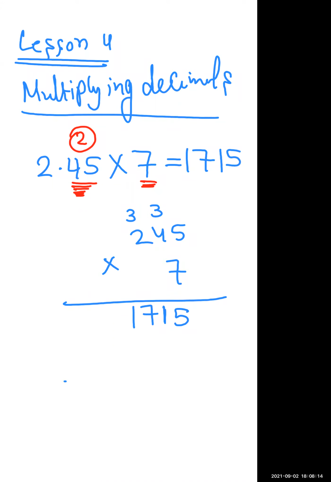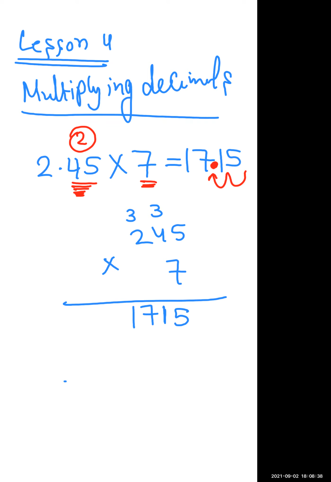So we have to write down the decimal point after 2 decimal places. So it will become like this, 1, 2. So this means that the answer of this multiplication will equal 17.15. Are we clear?